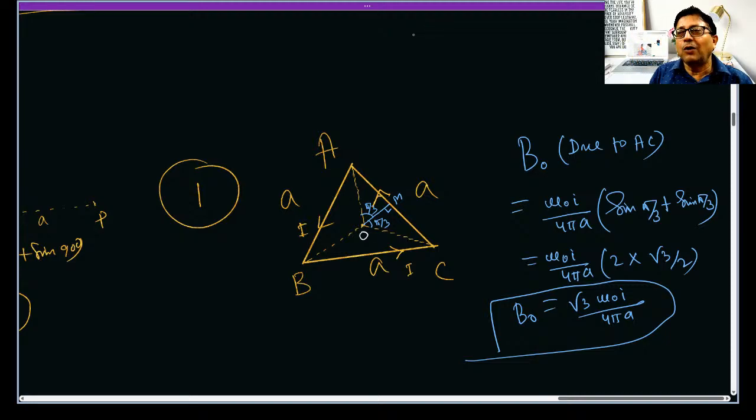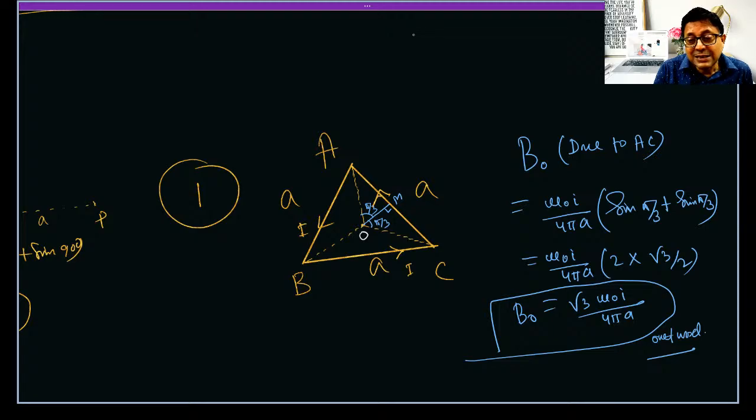Clear? Now for the whole wire, the fields are additive. See the magnetic field coming out, the direction of current I showed. If you fix the thumb in that direction, it is coming out. So this is outward, perpendicular to plane of paper and directed towards me, because if the current appears anti-clockwise, then magnetic field will be directed towards me. So B0 is root 3 mu 0 I by 4 pi A, directed towards me, and this field is additive.